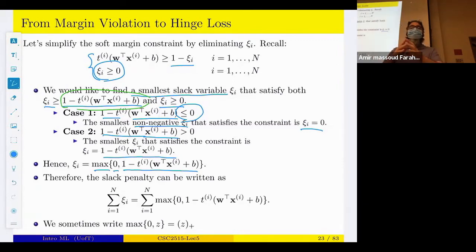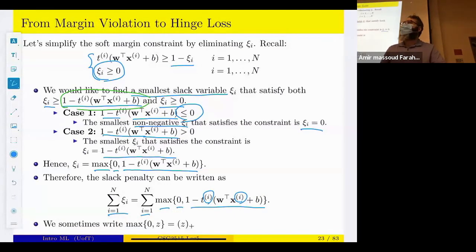We just replace Ci with that in the summation. So the summation of Ci becomes the summation of the maximum of 0 and this value, and the summation is over all data points i. Okay?